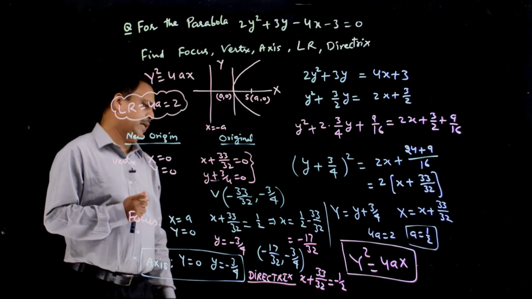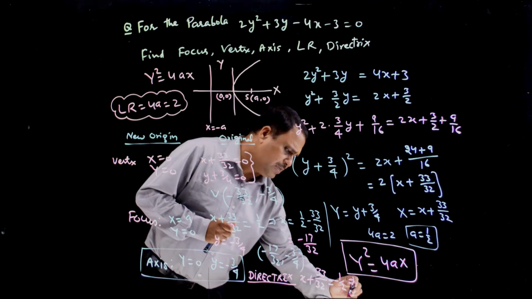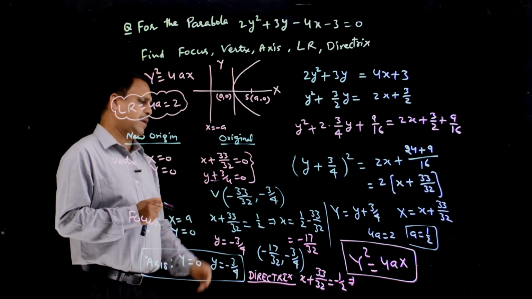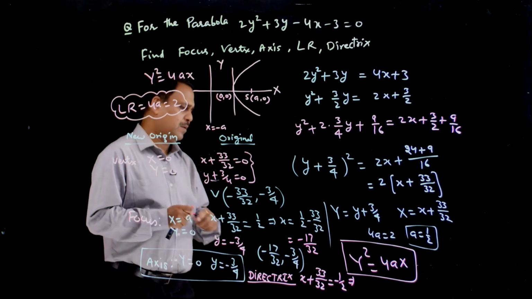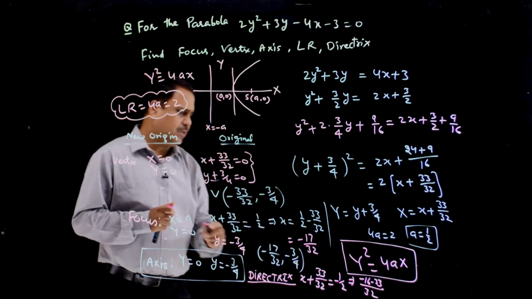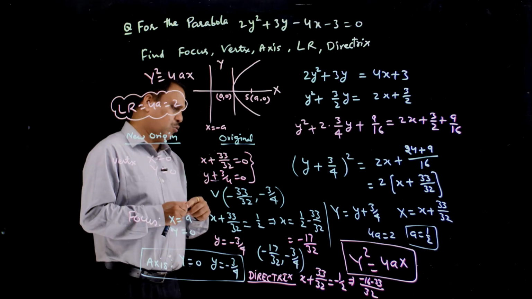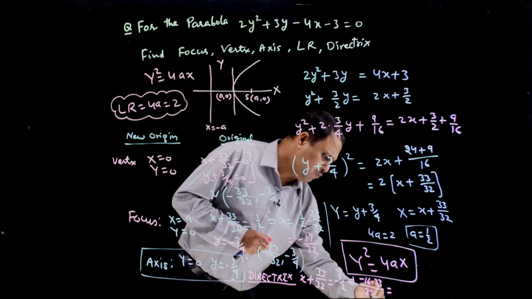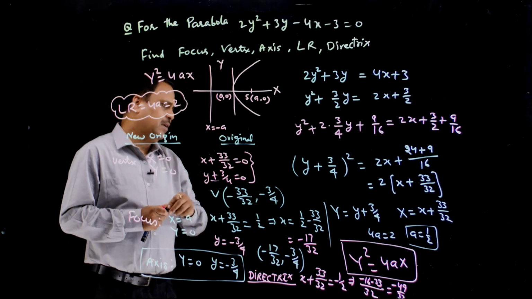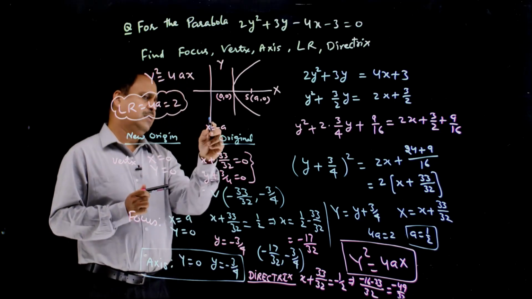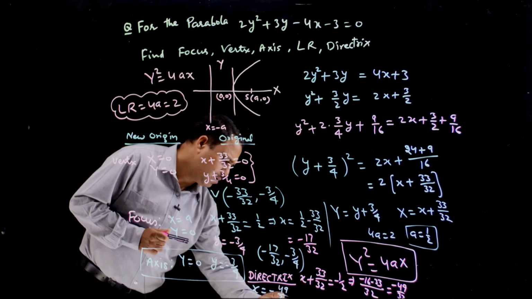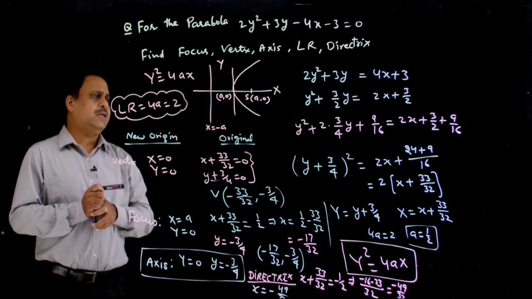Transfer this term to this side and take the LCM: x = −1/2 − 33/32 = (−16 − 33)/32, which will give you x = −49/32. So the equation of the directrix, in the original coordinates, is x = −49/32. In this way we can calculate all points related to this parabola.